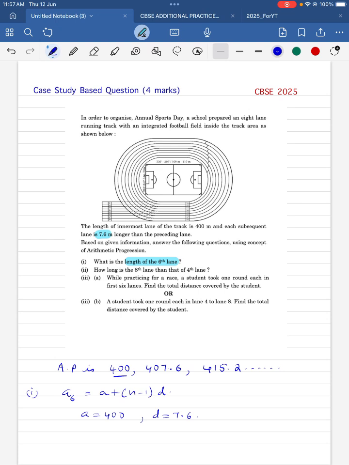And the value of n here is 6 because we are trying to find the sixth term. So A6 will be 400 plus 6 minus 1 into 7.6, that is 400 plus 5 times 7.6, which gives us 438 meters. So we answered the first question.